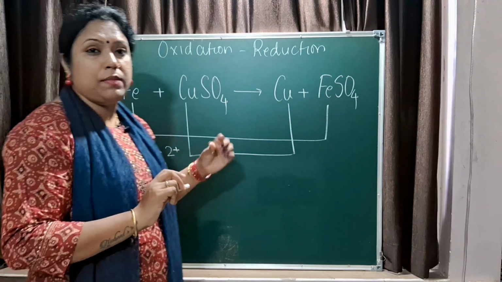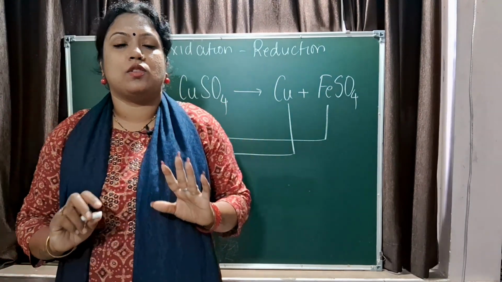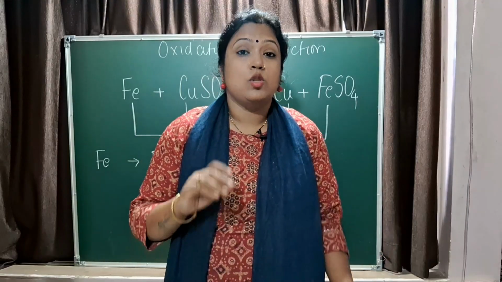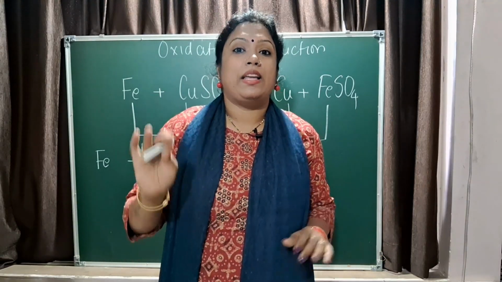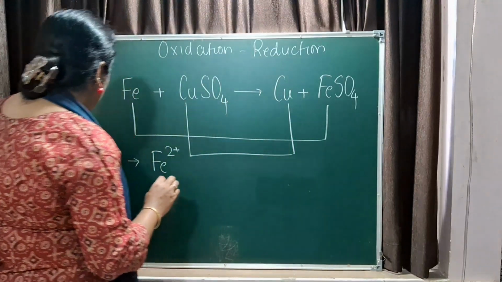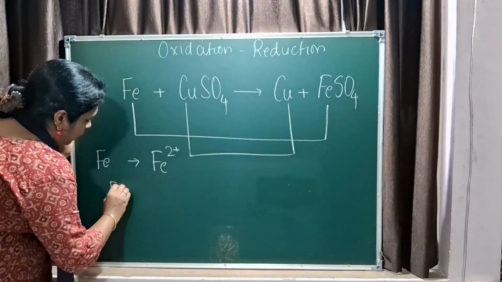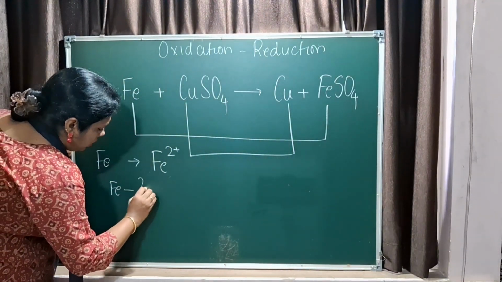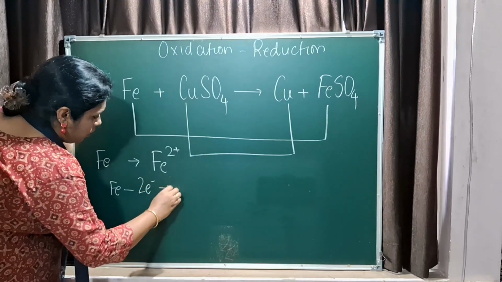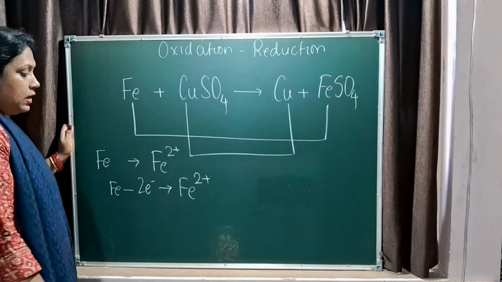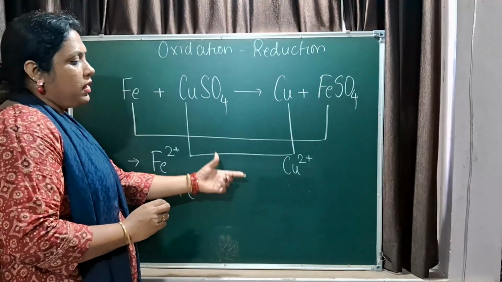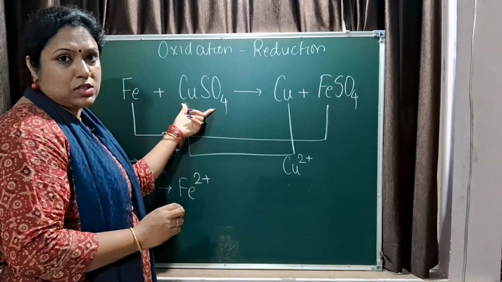If you remember, metals have 1, 2 and 3 electrons in their outermost orbit. So they have the tendency to lose those electrons and become cations. Similarly, here you can see that iron will lose 2 electrons and will form Fe2+. When you talk about copper, it is already present in the form of an ion because it is a salt, right?